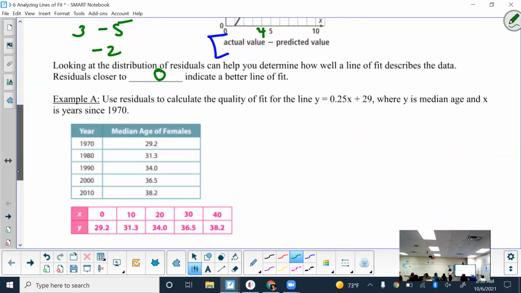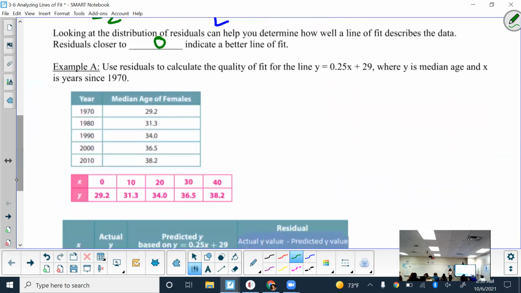All right, so then let's do a real world example, one where they actually collected data. We're going to use residuals to calculate the quality of fit for this line. They already estimated the trend line, just like how we did yesterday. They say that this trend line should help us predict other data.